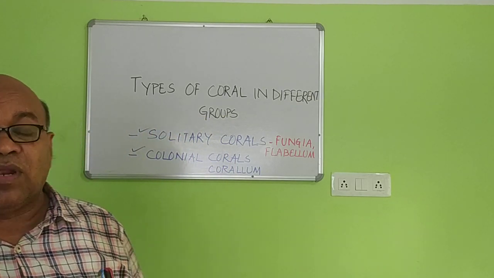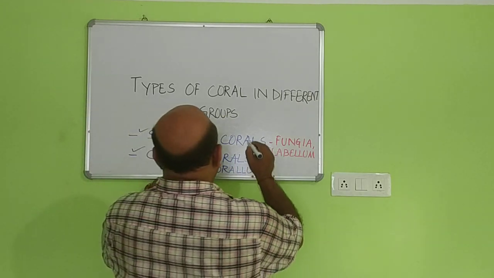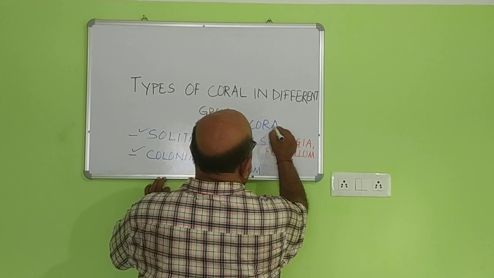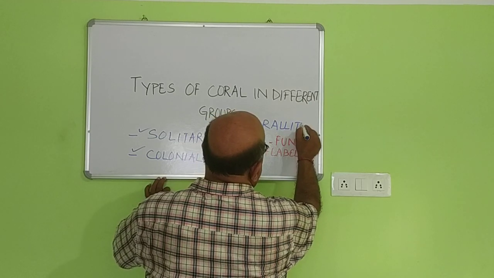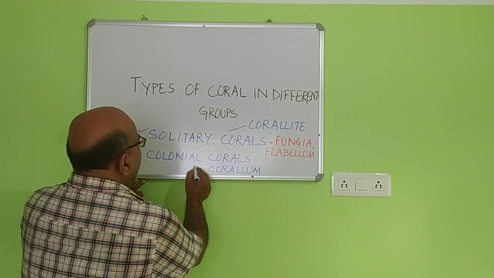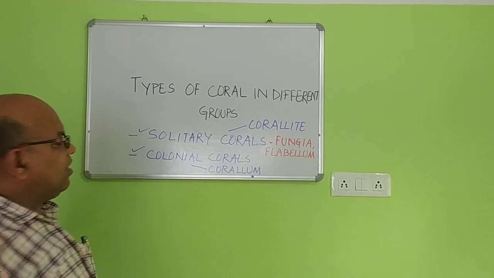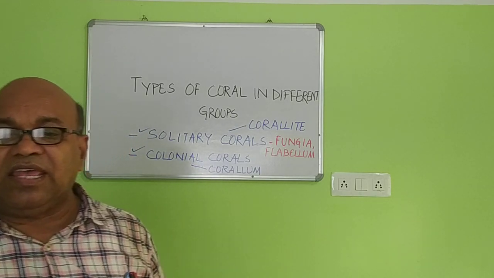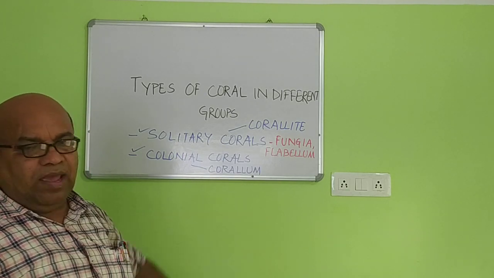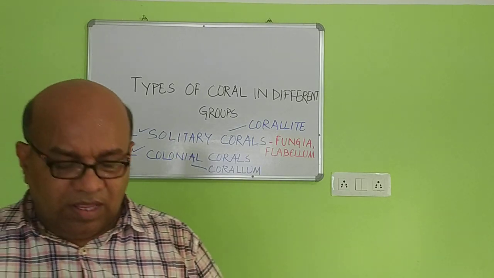This type of structure will not be present in the case of colonial corals, but in the case of solitary you find it.